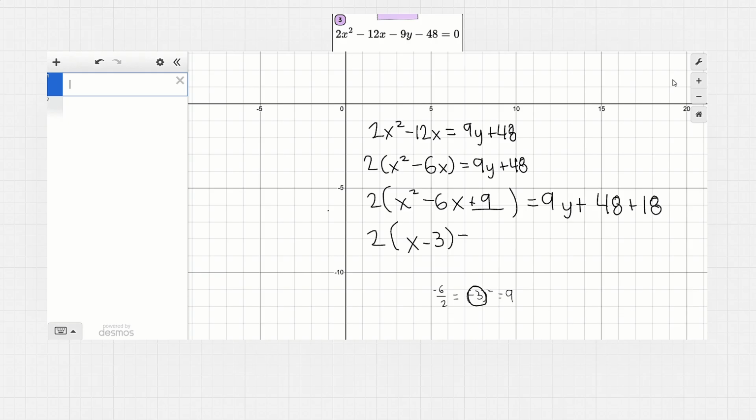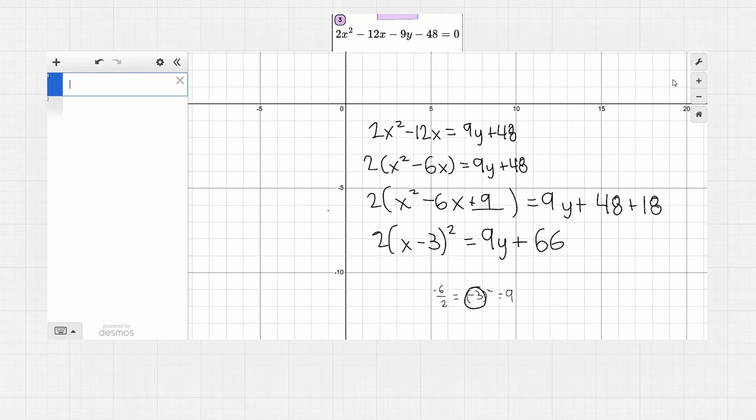We copy negative 3. Now, we have 48 plus 18. So we have 9y plus 48 plus 18 equals 66.